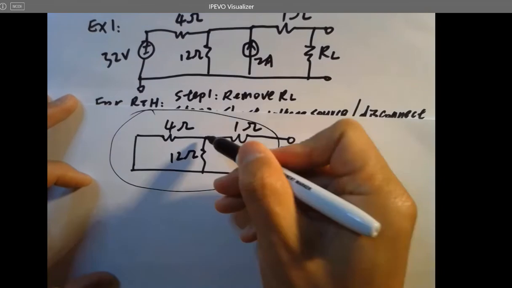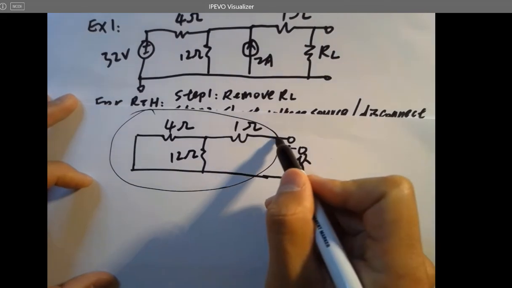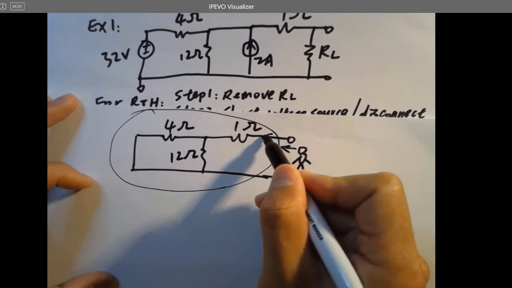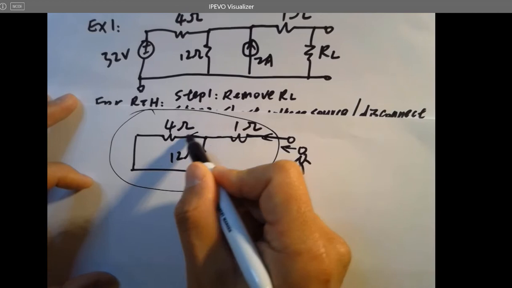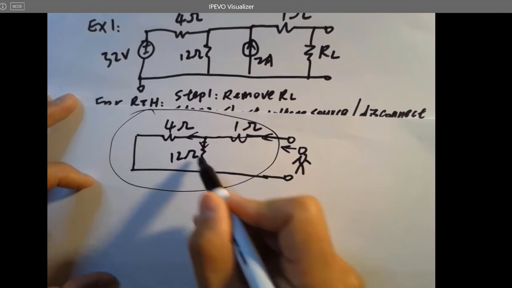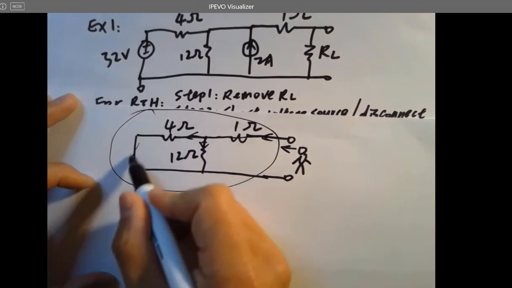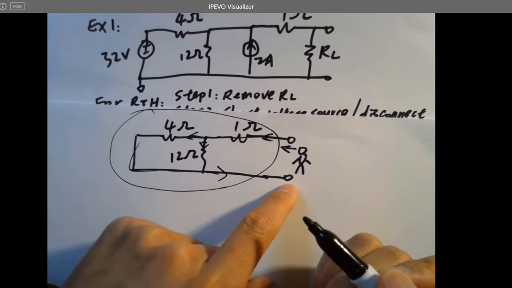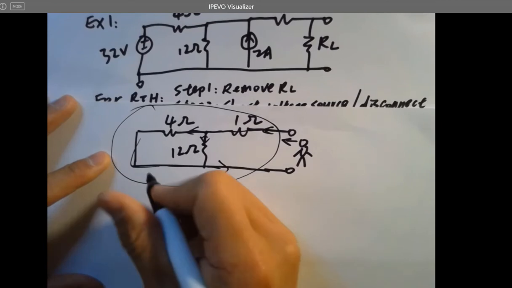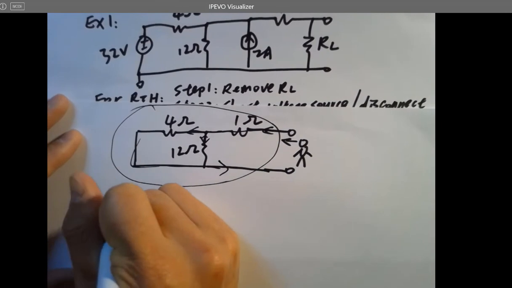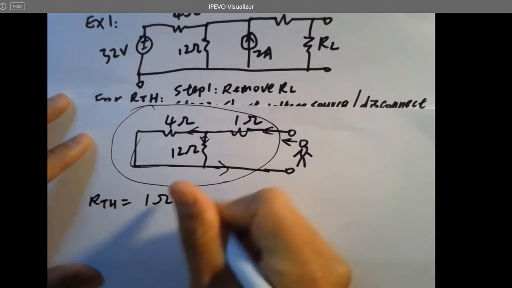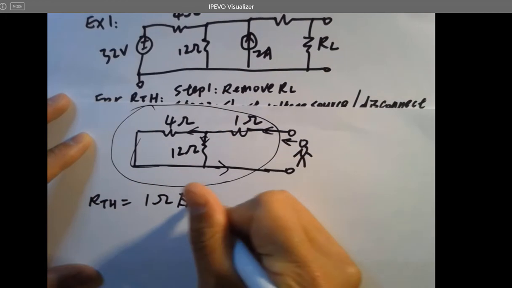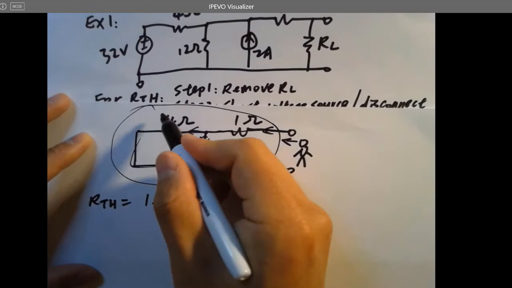When you look backward, you are thinking of a little current being injected into the circuit. So you're looking in here, and then you have two branches. These two resistors will be in parallel, and then merge back to the main network and come back to this node. So RTH equals the 1 ohm resistor in series with these two resistors in parallel.